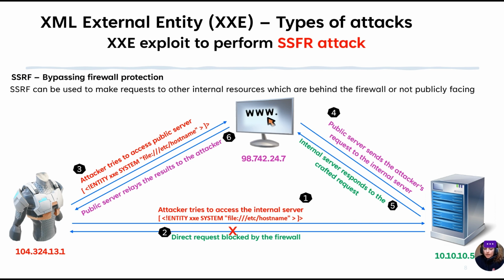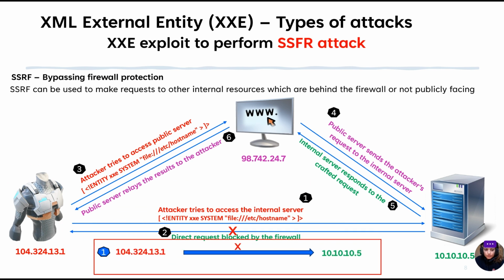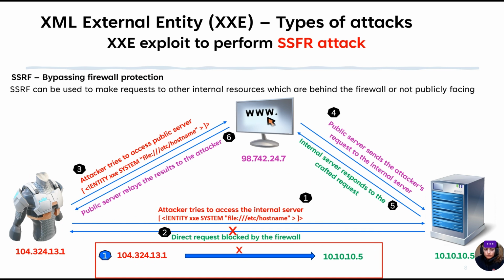So what is happening here? First, the attacker's external IP address tries to access the internal server and is blocked. That's why the attacker is trying to access the public server, and the public server is sending requests to the internal server on behalf of the attacker.